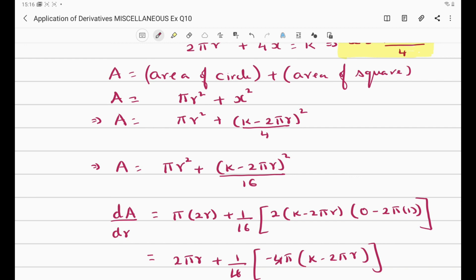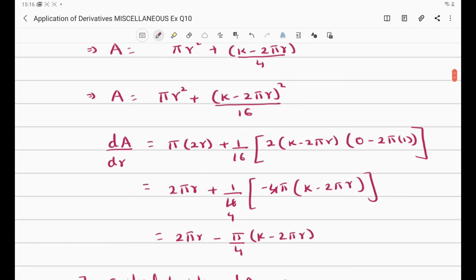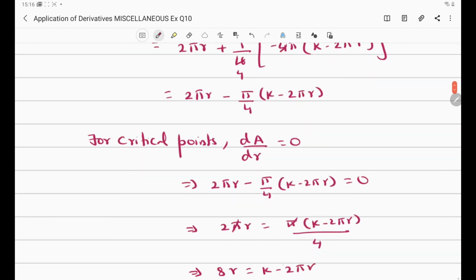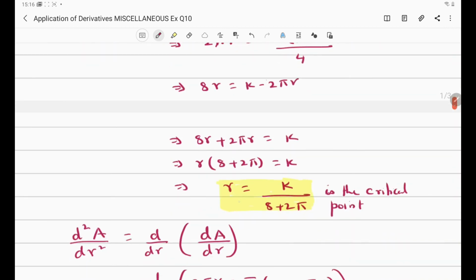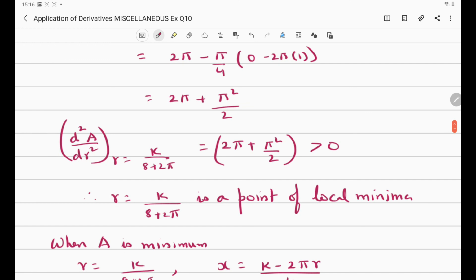So after we express it in terms of one variable using the relation x equal to k minus 2 pi r by 4, we found dA by dr, and on equating to 0 we got the critical point, and the critical point is r equal to k by 8 plus 2 pi. Then we have to check whether this critical point is a point of local maxima or minima. For that we found the second order derivative, and we found that value to be positive, which means r equal to k by 8 plus 2 pi is a point of local minima.